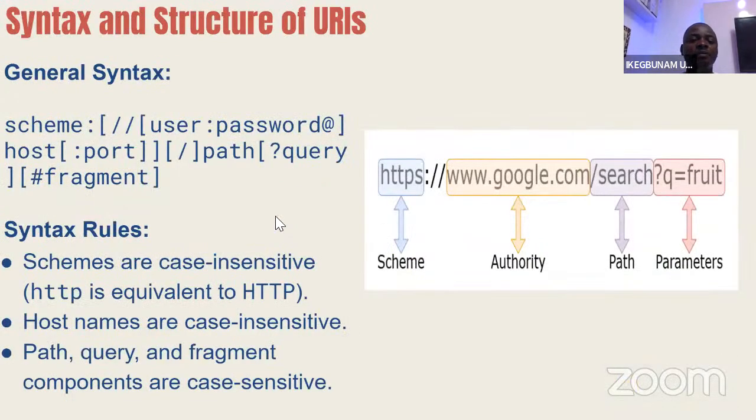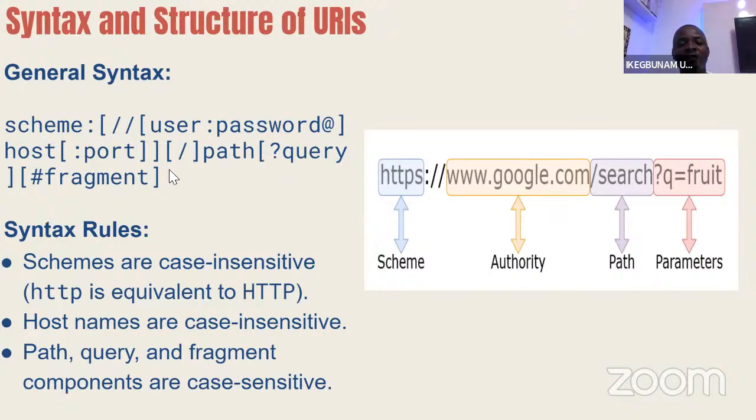Okay, then these are the syntax structure of a uniform resource identifier. The general syntax starts with a scheme. Like I said, a scheme generally is the protocol, which can be HTTP, HTTPS, FTP, and many more. Then we have a user and a password.